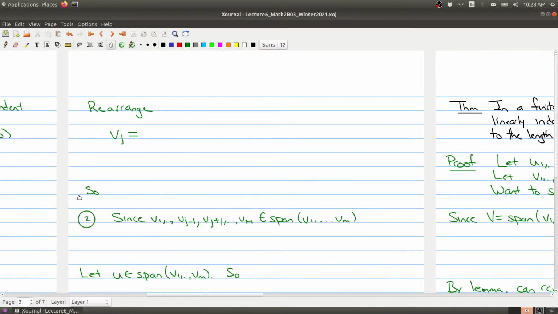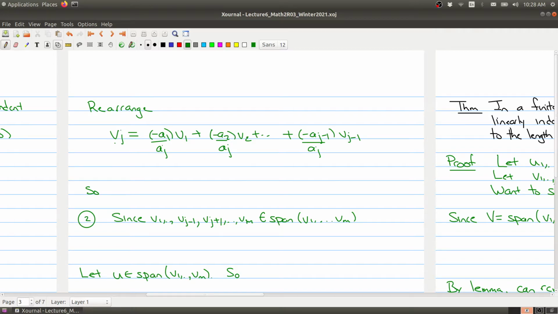We can rearrange the last equation, and what we get is negative a1 over aj times v1 plus negative a2 over aj times v2, and we go all the way up to negative aj minus 1 over aj times vj minus 1. And notice that this is all okay because this aj is not 0, so we can divide. And each of these terms here are just coefficients.